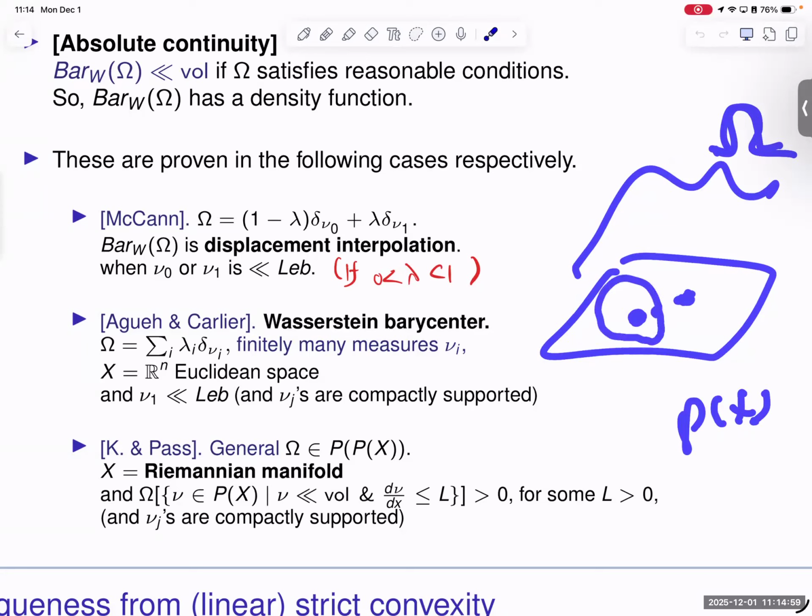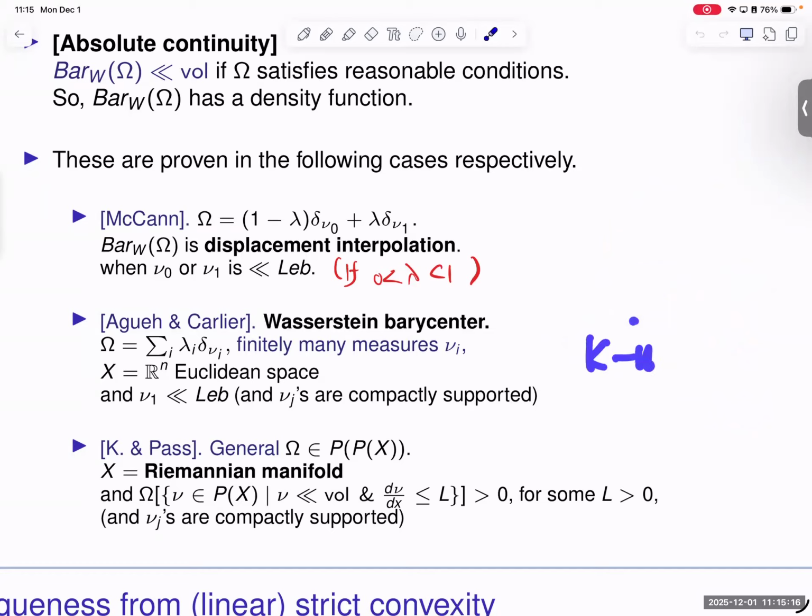Then in that case, you have some kind of cells dividing the space, and some portion of omega in this cell corresponds to this point, and the portion of omega in that cell corresponds to the other point. Such a notion is sometimes called K-means. K equals 1 is a barycenter, and K equals 2 is called 2-means.